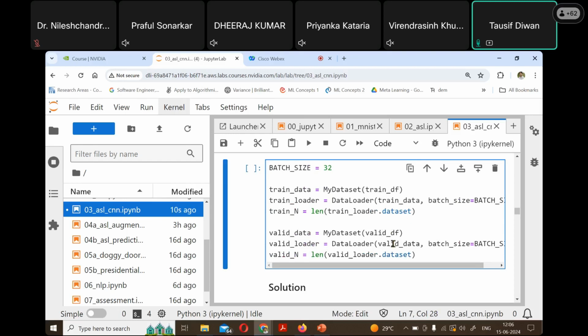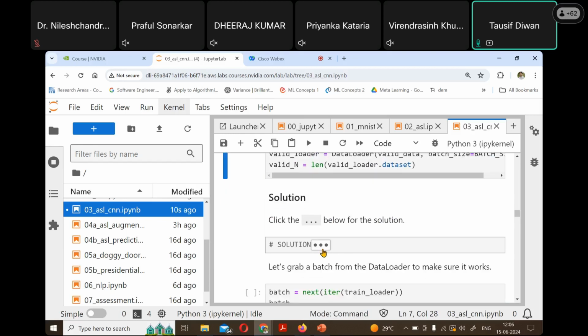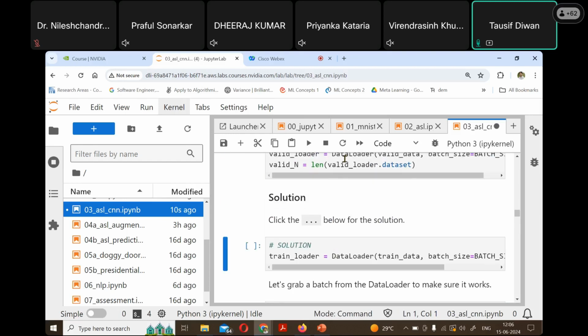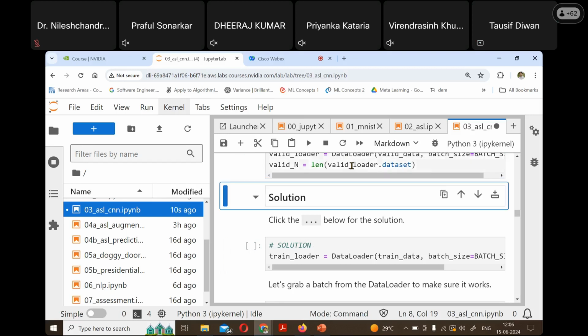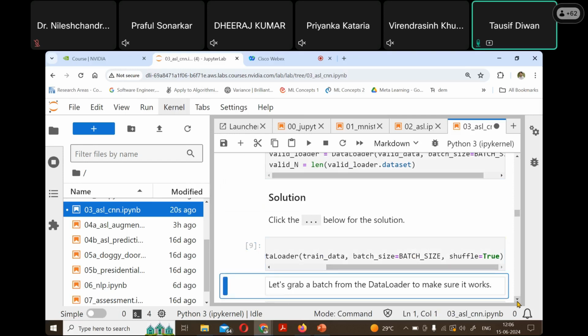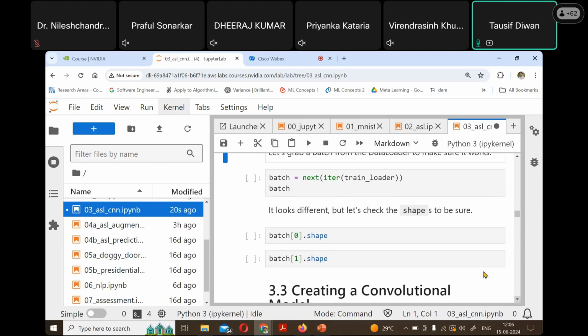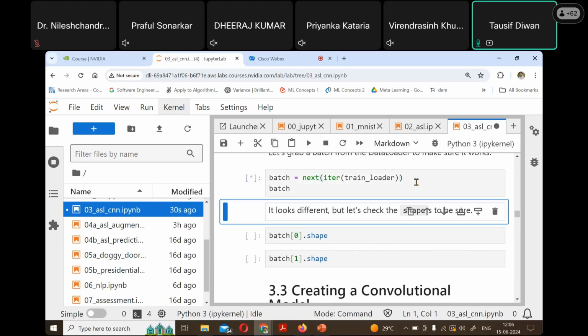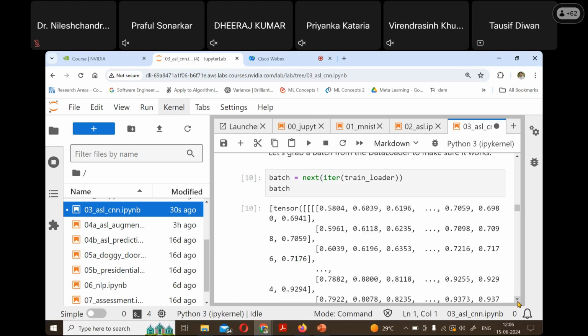Similarly, this is validation data, the same thing that we are doing for validation. See, shuffle is equal to true. That was not there. We need to do this. This is my batch.